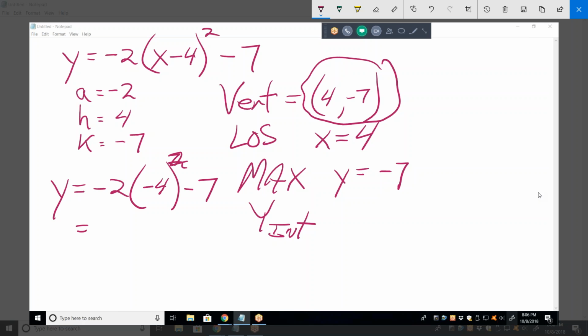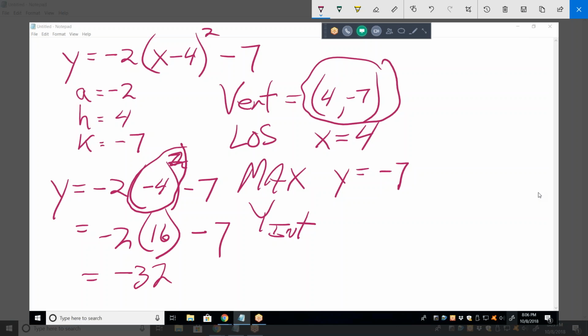So 32 minus 7, that would be 25. Do it by PEMDAS. Do this first. What is that? That's 16. Now I've got -2 times 16, which is -32. And then minus 7, that would be -39.